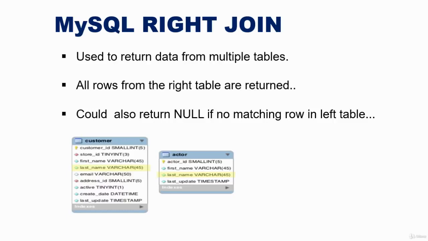Let's take a look at this two table illustration. Let's assume we want to return a list of all the actors from the actor table, and if the actor shares the same last name with a customer from the customer table, we can also display the customer details or information.